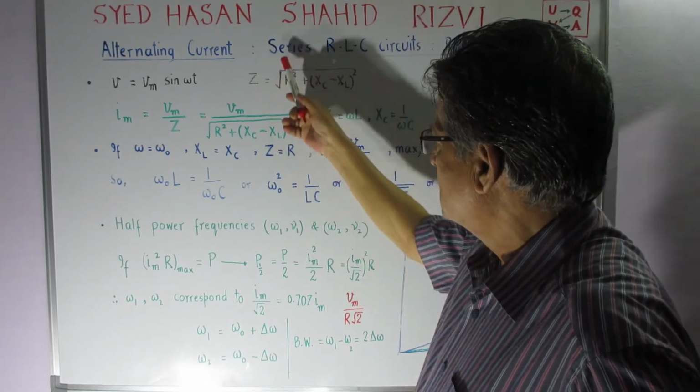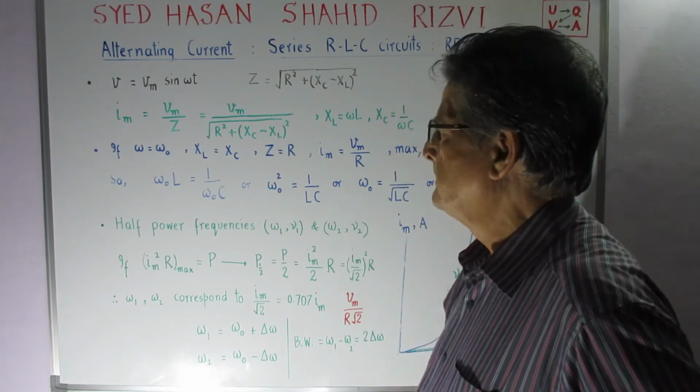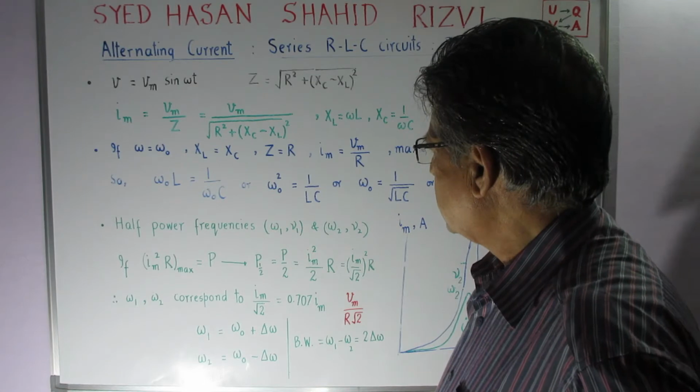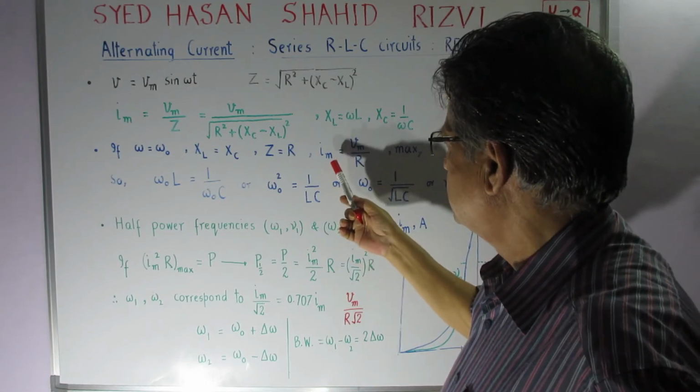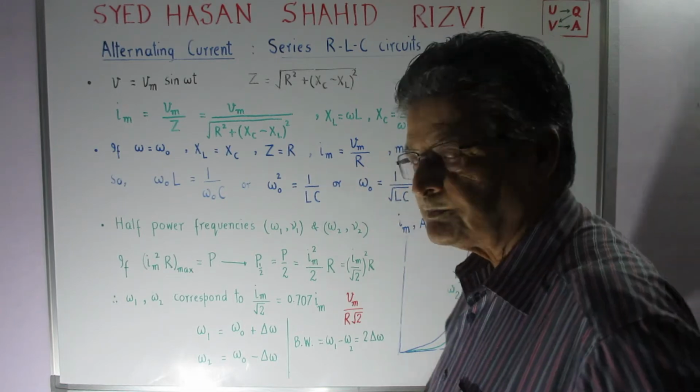So Z becomes equal to under root R square, which is R ohms. Okay, so Z is equal to R, and I can write the value of Im, the current, which will be the maximum value, Vm upon R.